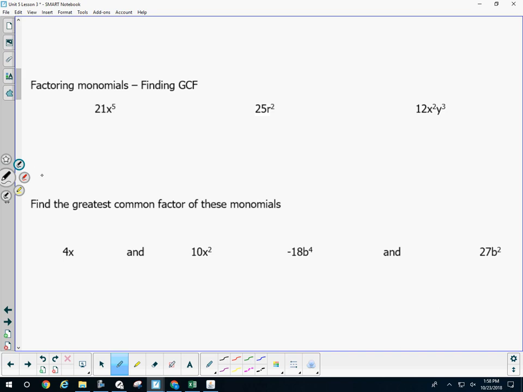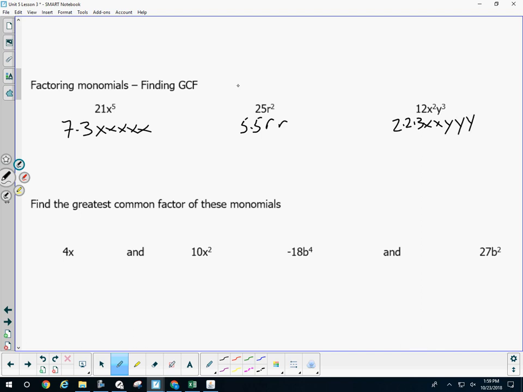It's important to understand that these monomials can be written as products of primes and then however many x's or whatever you have. This is 12, which is 4 times 3, that's 2 times 2 times 3, x, x, y.